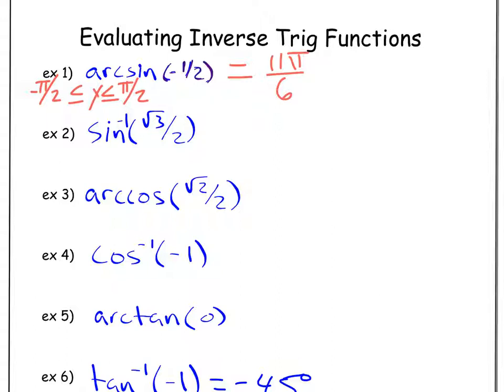Okay? Now don't get me wrong, 11 pi over 6 has a sine value of negative 1/2. Okay? But again, from the inverse function, we kind of want the best one to start with. We can use coterminals to get all the others. So if you're down in quadrant 4, just think of it in terms of a negative angle. What we actually want for our answer here is negative pi over 6.